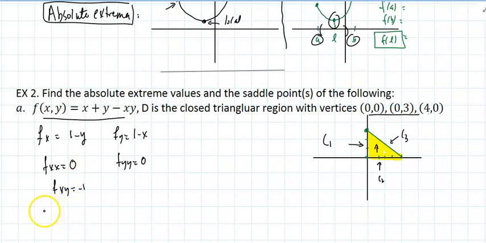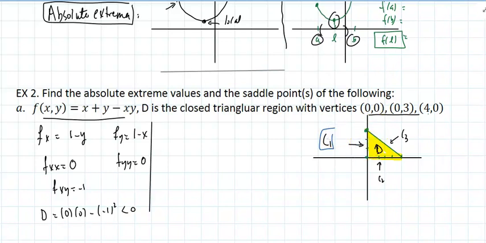So I'm already aware that if I take D, which is f sub x, x, times f sub y, y, minus a negative 1 squared, that's negative. So I know inside of this region, D, there's really not much, nothing's going on. But the work really comes at those 3 values.